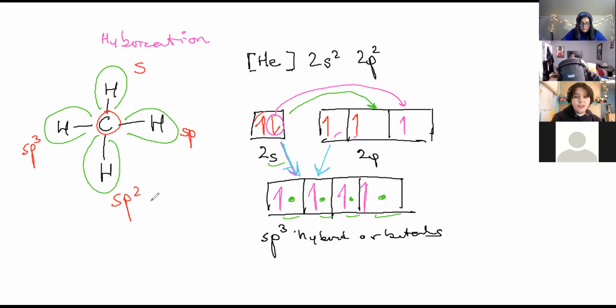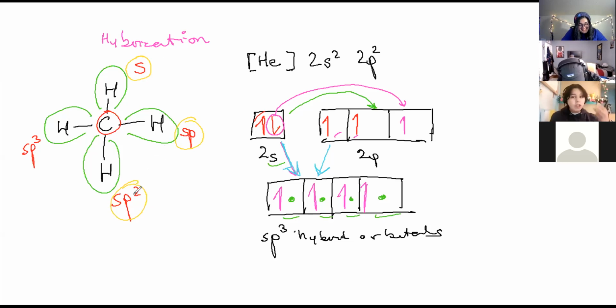If you have one thing attached to it, that's S. If you have two things attached to the central atom, including lone pairs, that's SP.